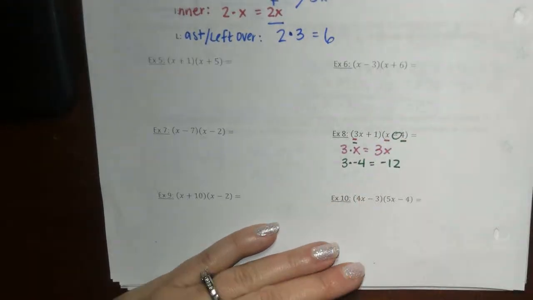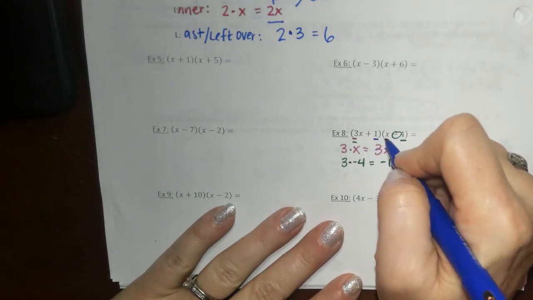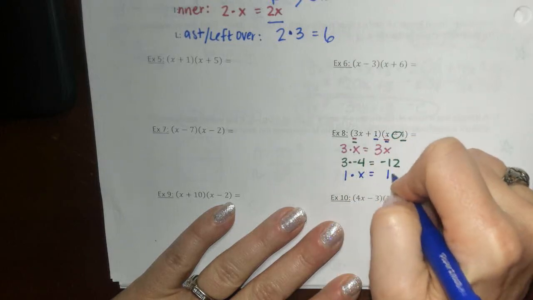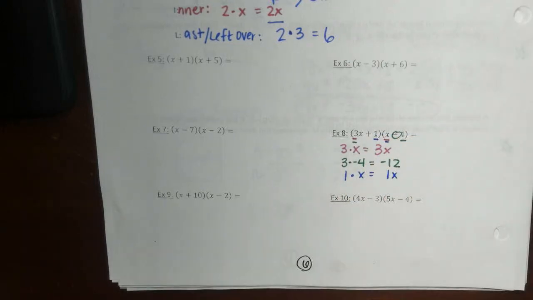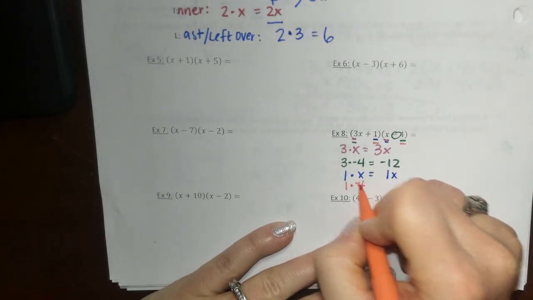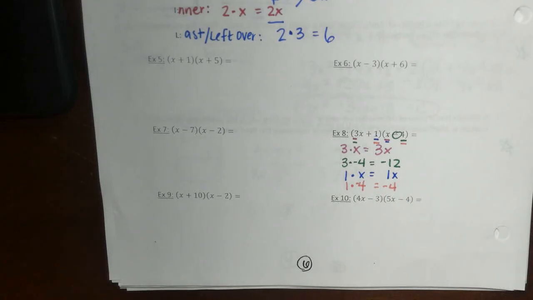That's negative 12. Inside, the 2 inside ones, the 1 and the x. That's just going to give us a 1x. And then, lastly, we have the last numbers, 1 and negative 4.